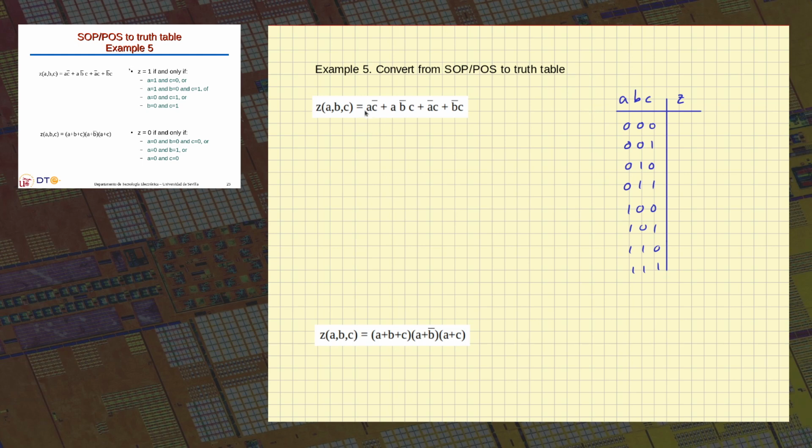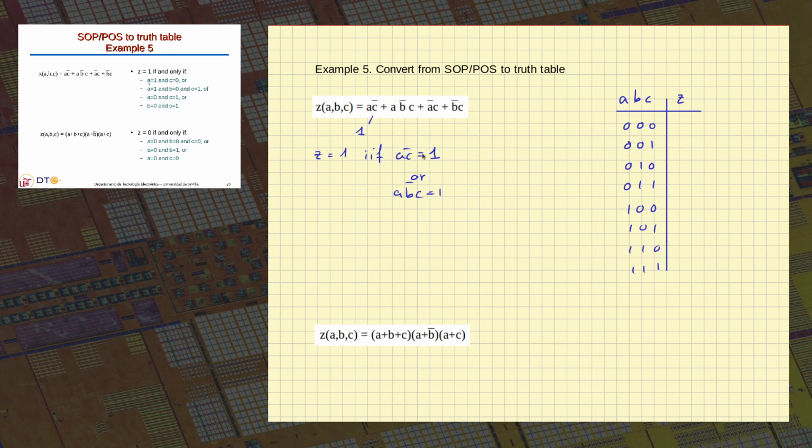Okay, now by looking at this expression, every term here tells some cases where the function is 1. We can say that Z will be 1 if and only if any of these terms is 1. It means that AC complemented is 1, or the next term, A B complemented C, is 1, and so on.